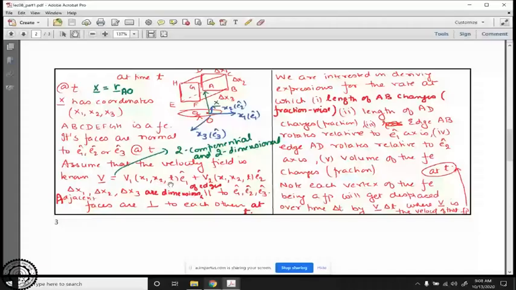So we will derive it first with these assumptions, 2-componential and 2-dimensional, in the class, and then whatever expressions we arrive at, we will recognize the pattern and extrapolate that for a 3-dimensional case. I'm assuring you that the expressions we get after extrapolation hold good, and that can also be derived with some extra effort, but we will not do that in the class. What we will do is only the derivation for 2-componential and 2-dimensional.